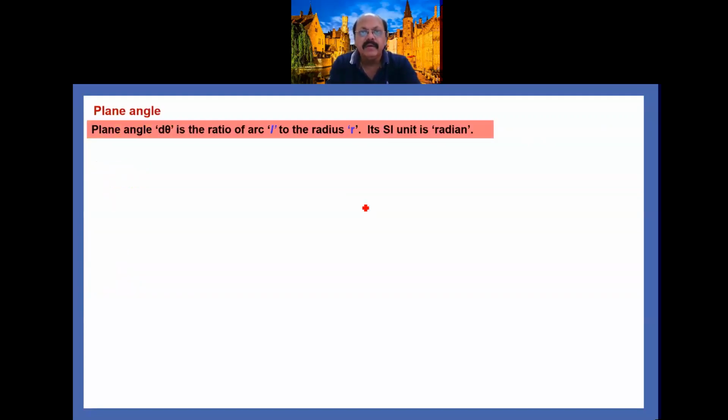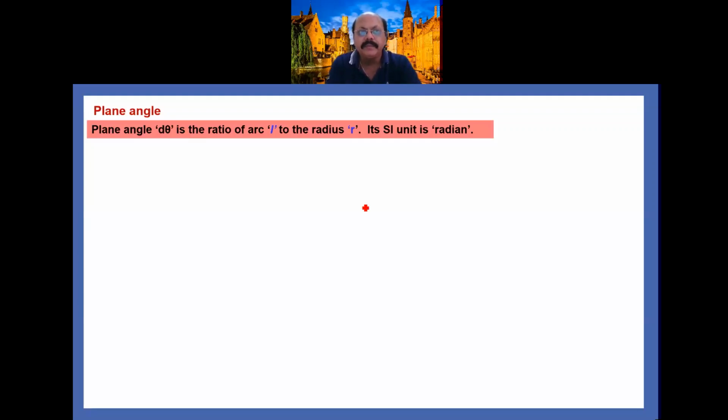Now we have to use the two supplementary units. There is radian and steradian, and these supplementary physical quantities are plane angle and solid angle. So you see the definition of these two supplementary units.